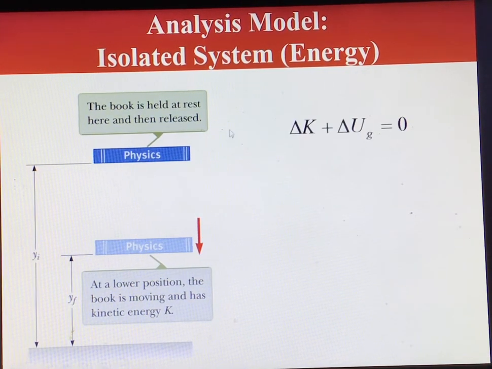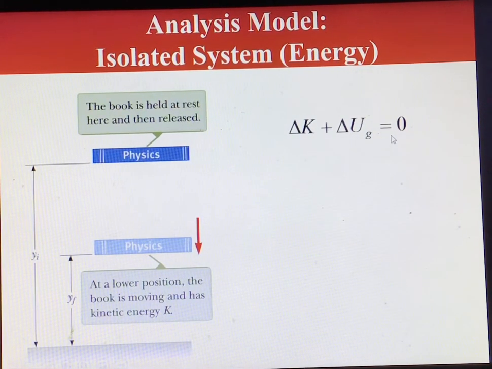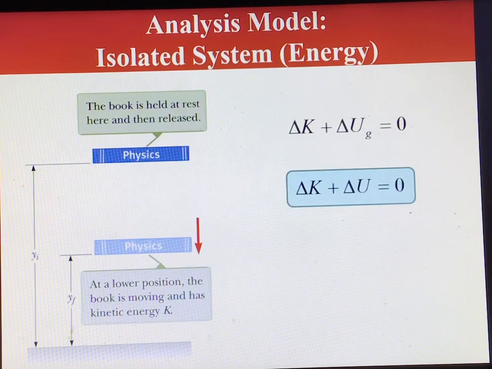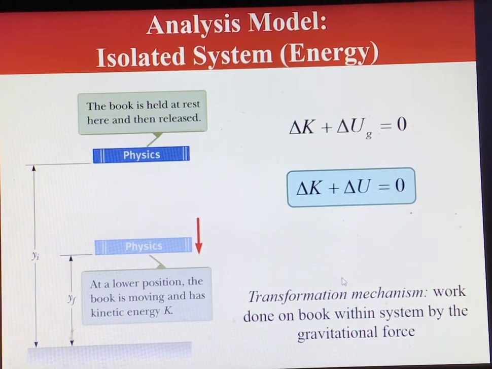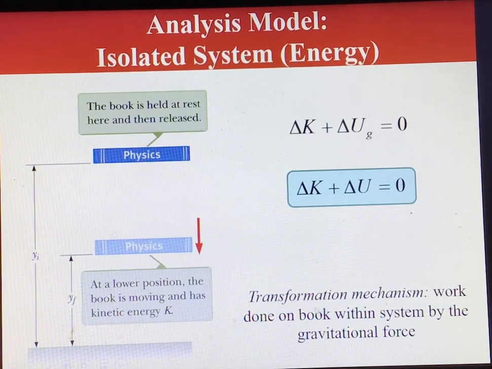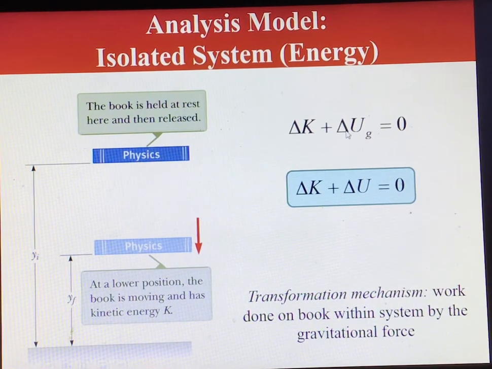So we can say that the change in the kinetic energy plus the change in the gravitational potential energy has to be equal to 0. There is going to be some gravitational force acting in this direction, and we can use that to calculate the gravitational potential energy.